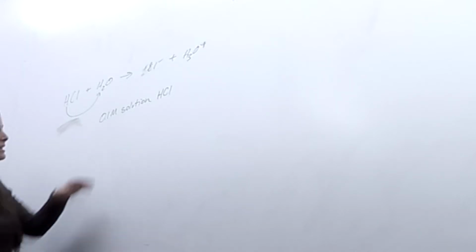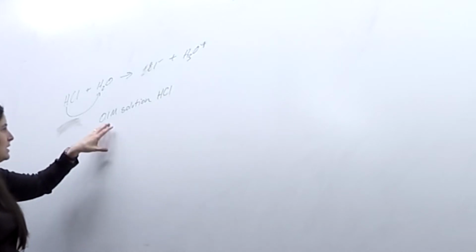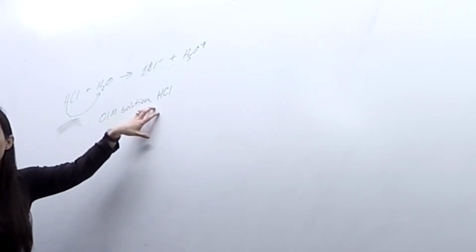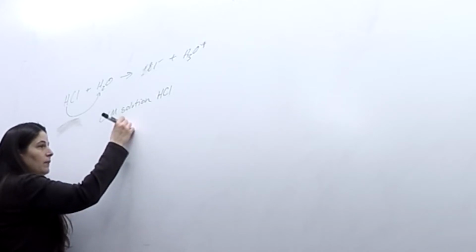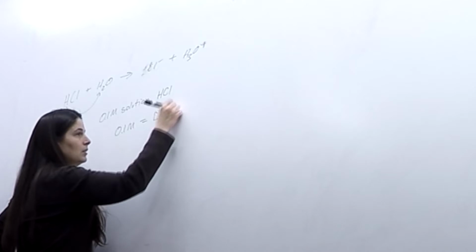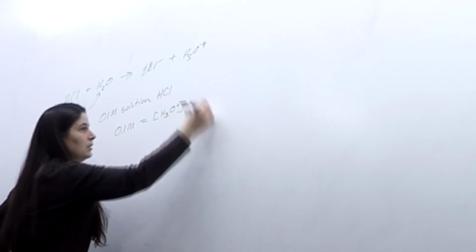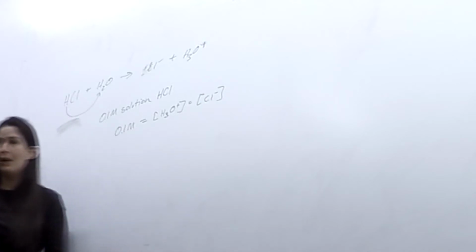What it means if it is a strong acid, it means that the concentration of the H3O is equal to the concentration of the solution. So when we create this solution, it will also be equal to the concentration of the Cl, but again, that's not what makes it acidic.